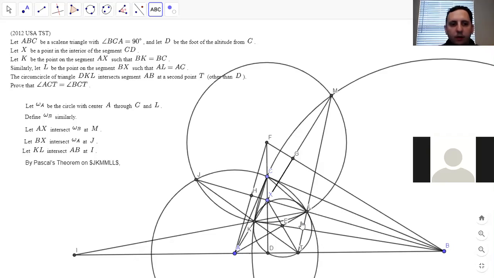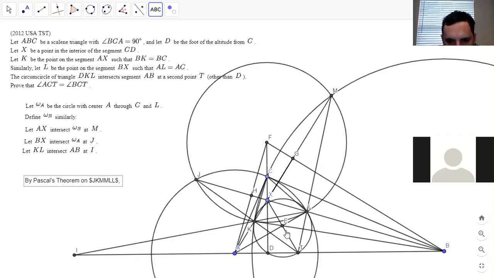So when we define E to be the intersection of those tangents, we could show that K, E, B are collinear, A, E, L are collinear, and X, E, and T are collinear, basically.